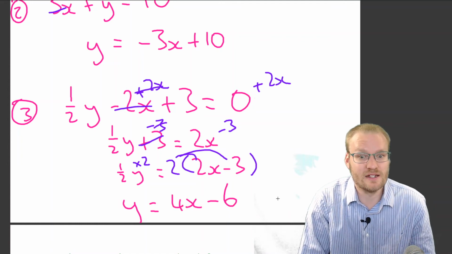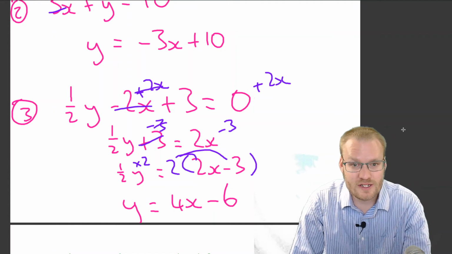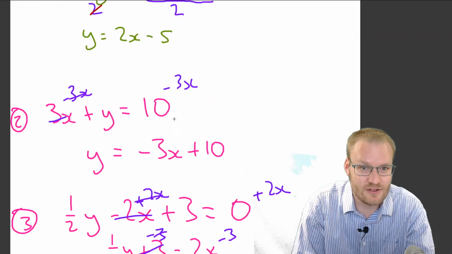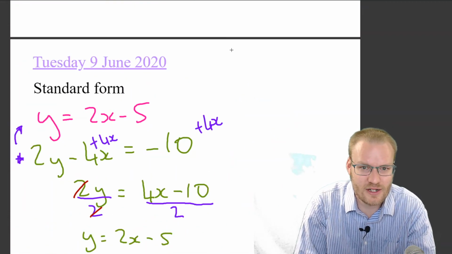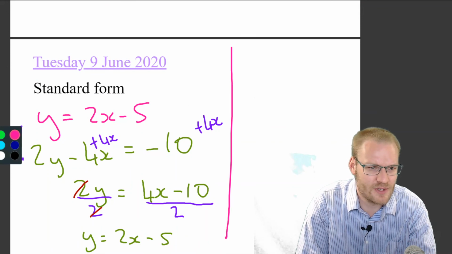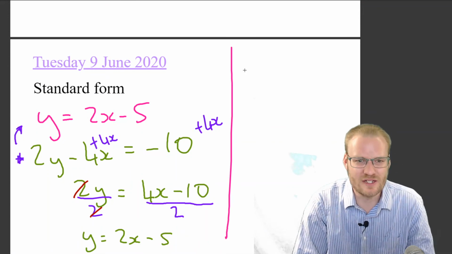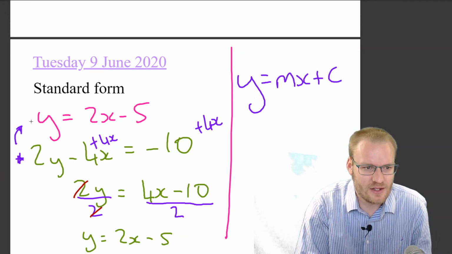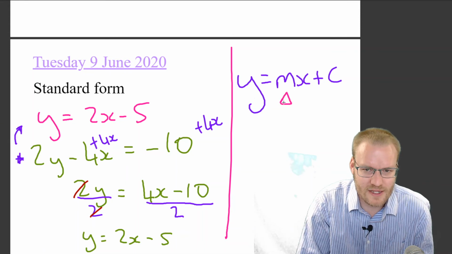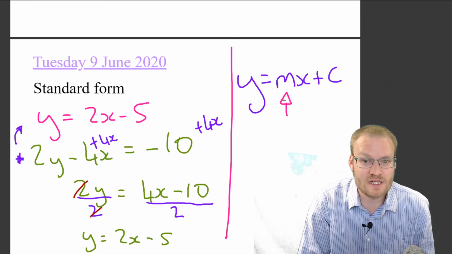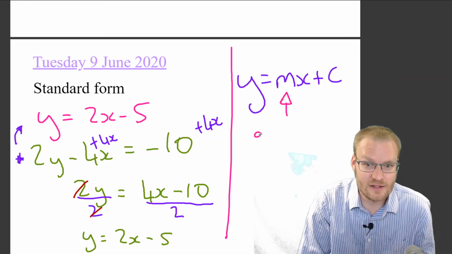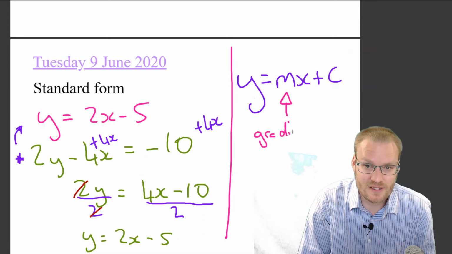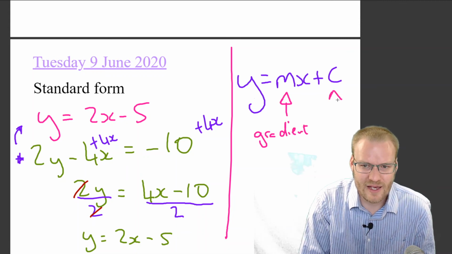It's in standard form. So what does everything look like that's in standard form? Let's rewind and just write it up here, and we're going to come back to what each of these mean, but it's y equals mx plus c. In other words, we're going to multiply by something. We already know m stands for gradient, and our c is what we're adding at the end.